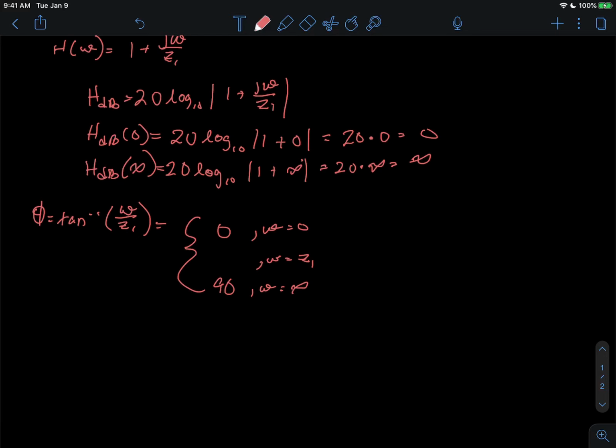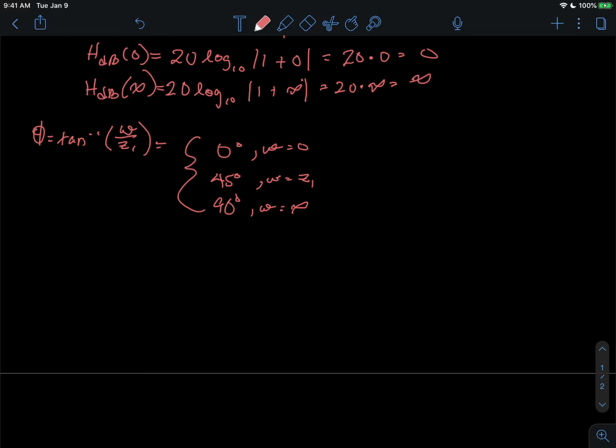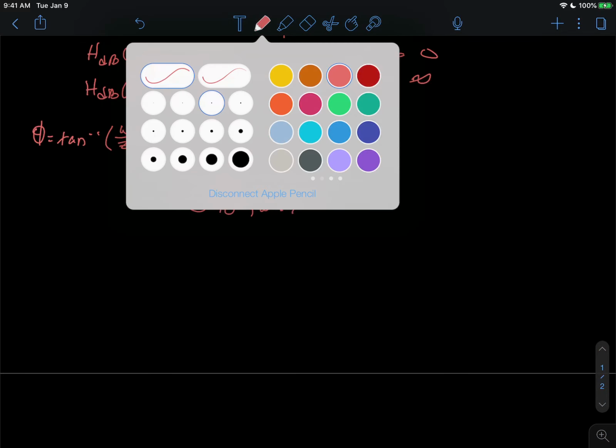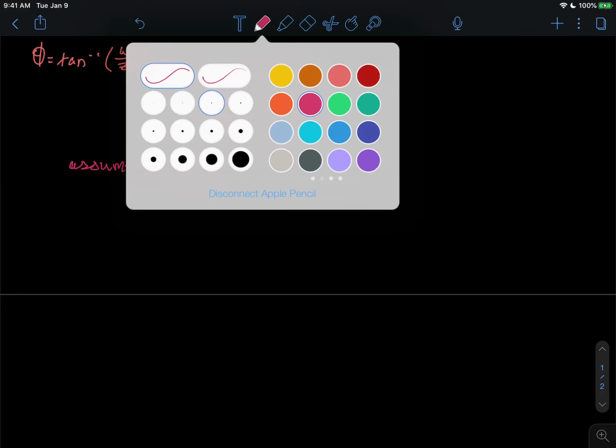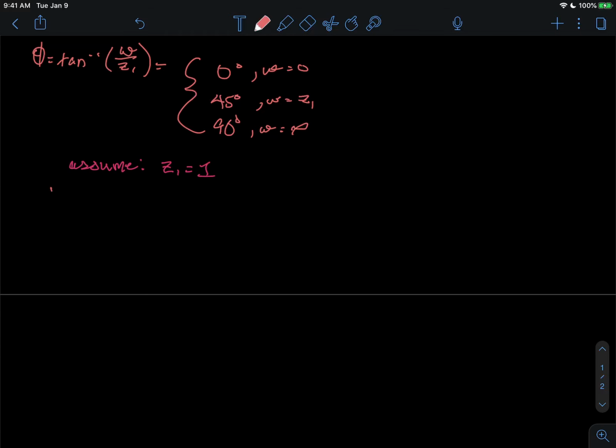And right in the middle, when omega is z1, you get 45 degrees. We're going to try plotting this, and I'm going to make the assumption, just to make our plots look nice, that z1 equals 1.